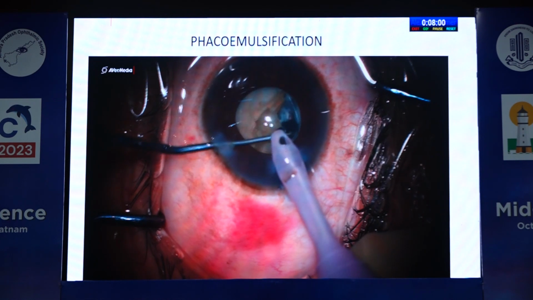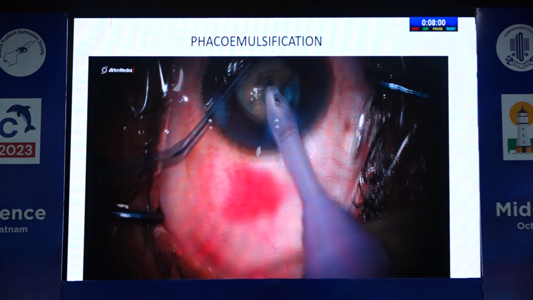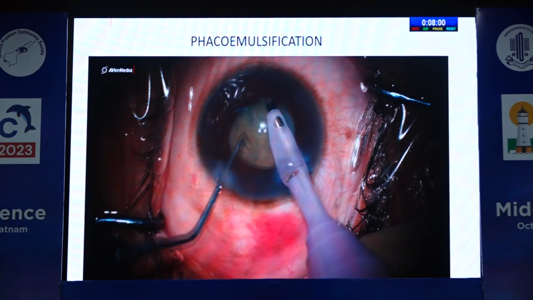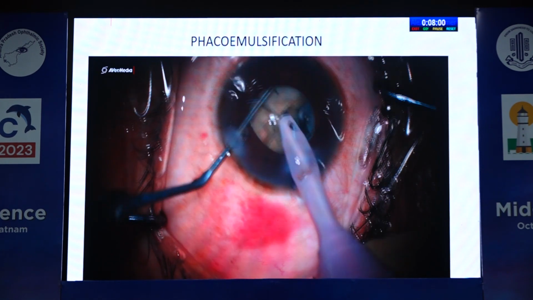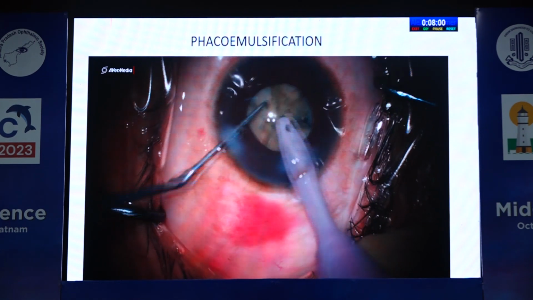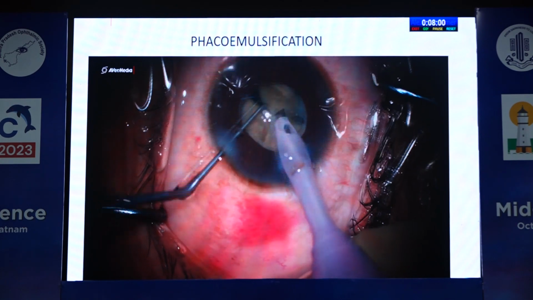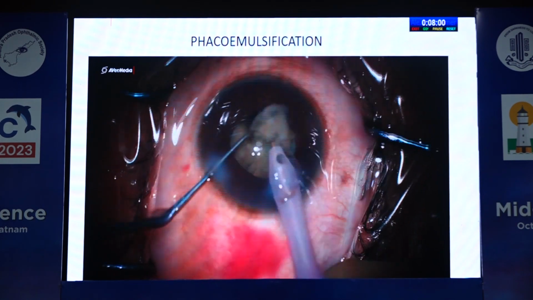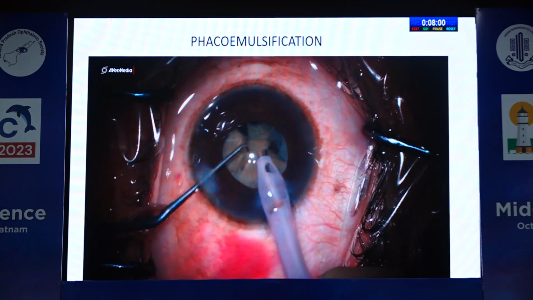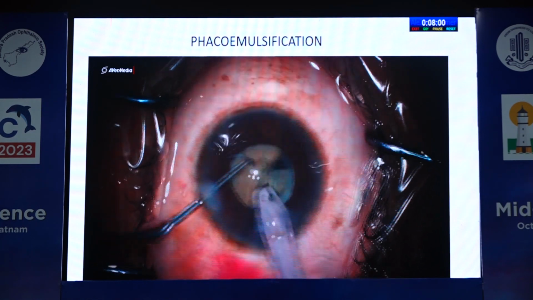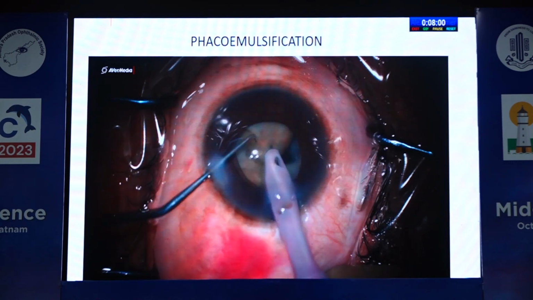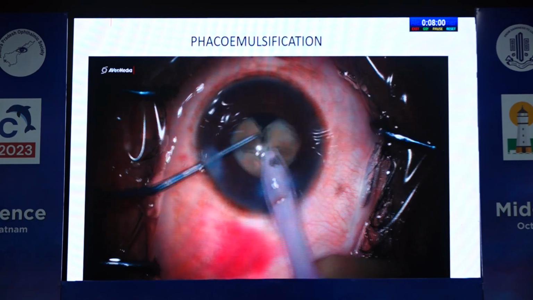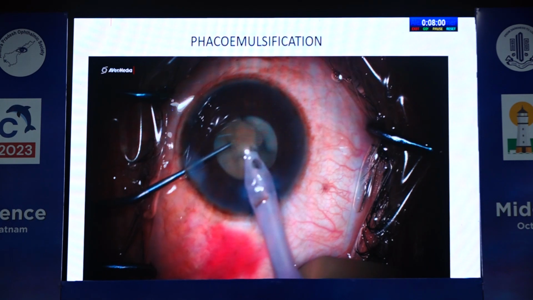It is important that you stay in the center of the pupil, and before emulsifying, the fragment is always brought to the center, because that is where there is maximal working space. And the parameters can be more or less maintained like a regular cataract as long as the iris is not floppy, because in a floppy iris you will have to decrease the parameters.